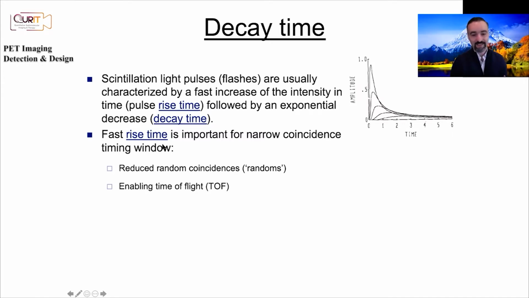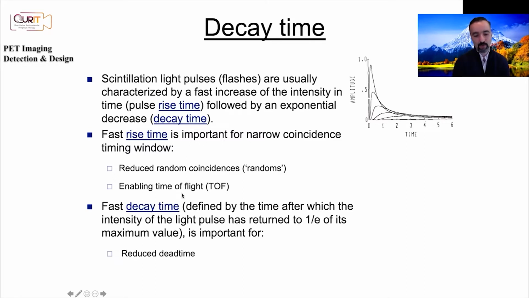It's just that the coincidence timing window is so wide that it's accepting events that are actually not originating from the same source. So we will talk about random coincidences in a future lecture. Hang in there. Also, as your coincidence timing window becomes better and better, you can do better and better time of flight. Certain terms that we will really go over later.